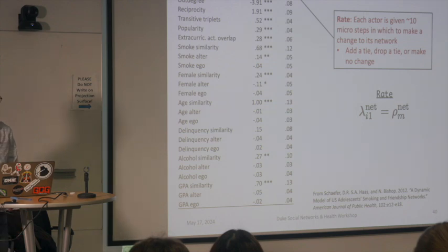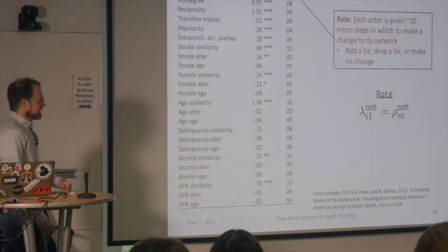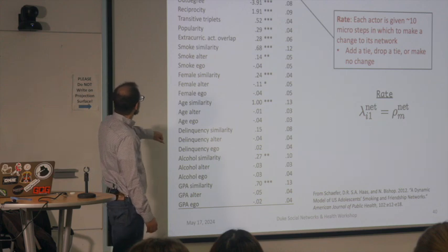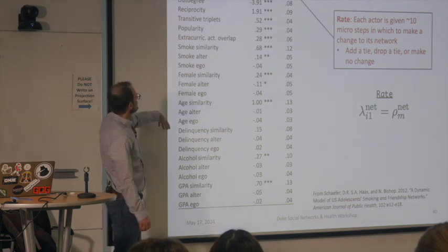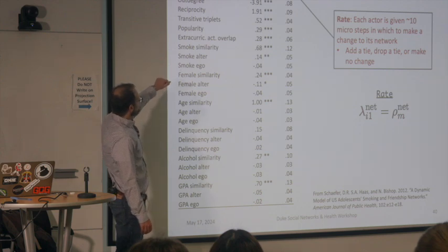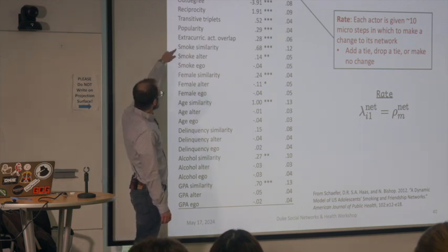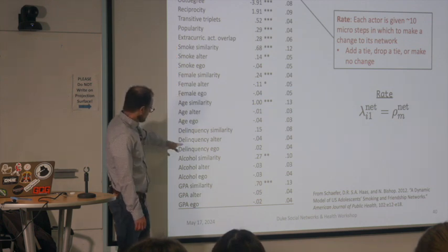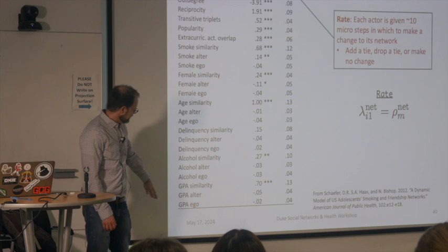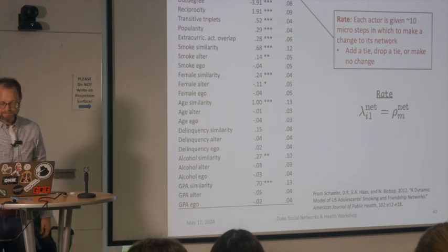We're interested in this example, smoking. So we've got some effects for smoking in here, but we're controlling for a bunch of other things that people select ties on: some network effects, being in the same activities, gender, age, delinquency, alcohol use, and grade point average.